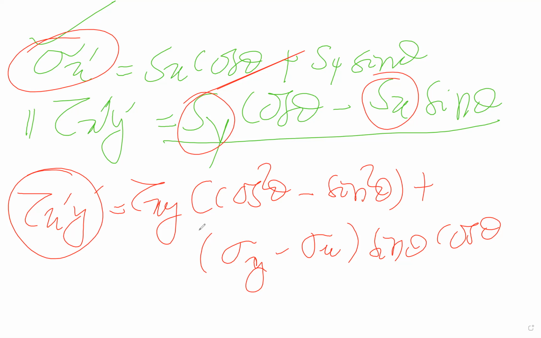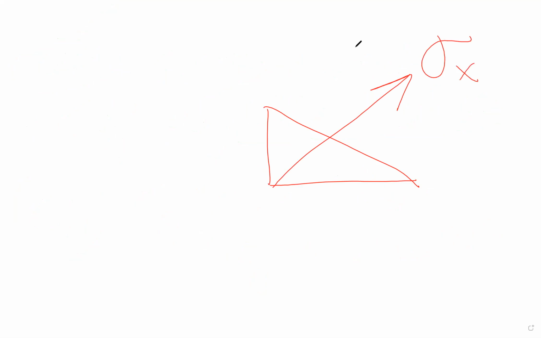Here we calculated sigma x dash, but we have not calculated sigma y dash. How can you calculate sigma y dash? This is our oblique plane, this is sigma x dash. Where will sigma y dash be?